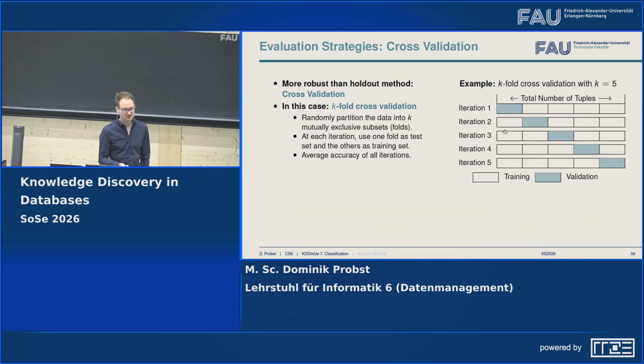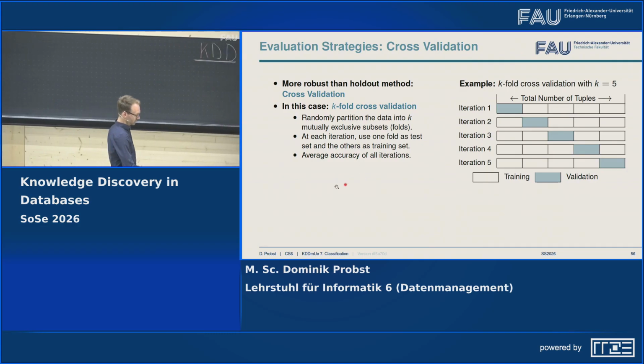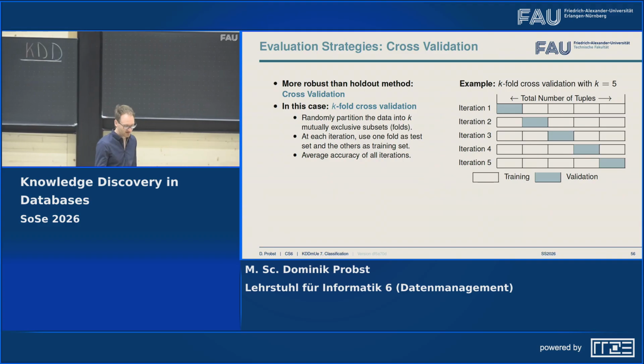Then you would use the first, third, and fifth partition for training and the second for validation, and so on, until you have used every single partition for validation one time. And then you would take a look at the average accuracy over all iterations to validate your model.